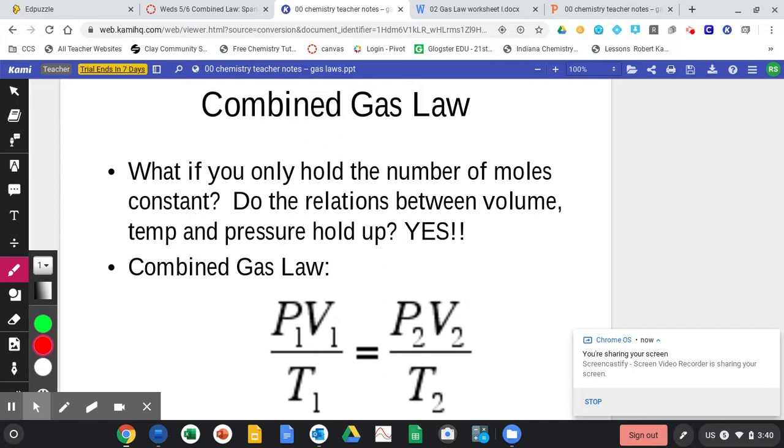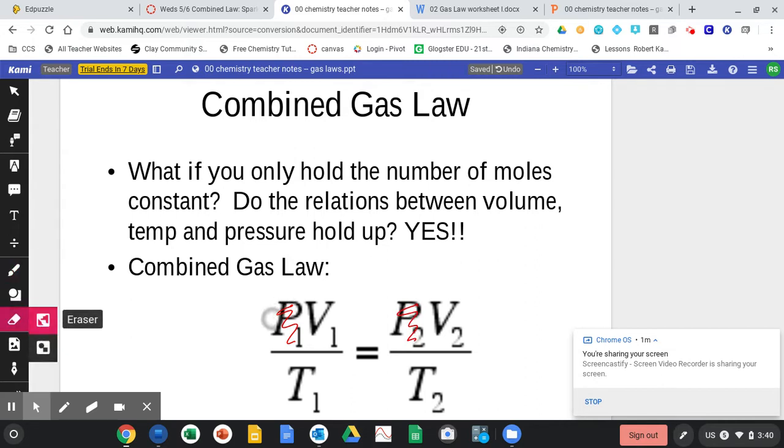So if you take a look, the numerator of the ideal gas law, if you hold temperature constant, then you wouldn't use the temperature. And so that would be Boyle's law component of it. And if you held pressure constant, so it wouldn't be a factor, then you would get Charles' law.